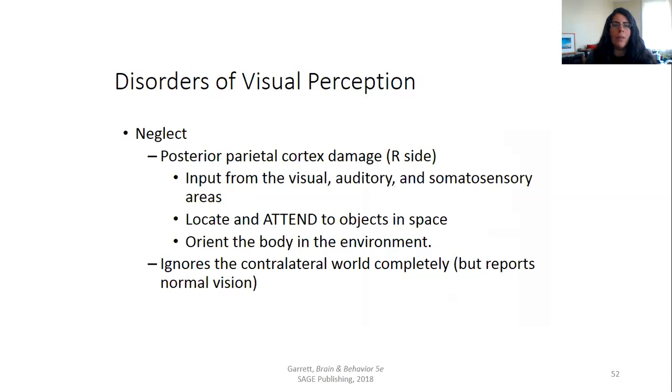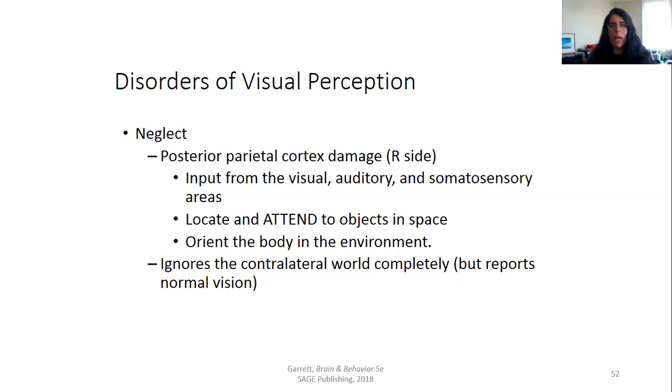Okay. Another disorder of visual perception is what's called neglect. Sometimes you'll hear it called hemi-neglect. Posterior parietal cortex damage is responsible for this. It seems to be an issue with attending to objects in space. They actually ignore half of their visual environment.